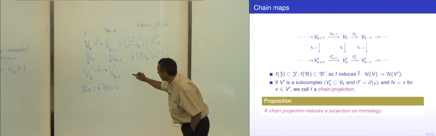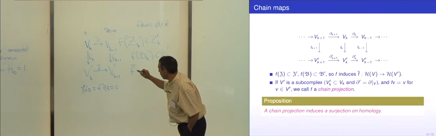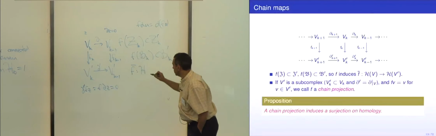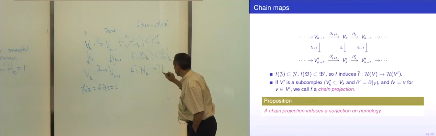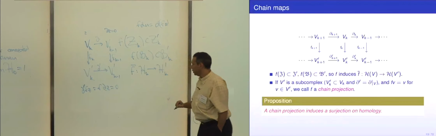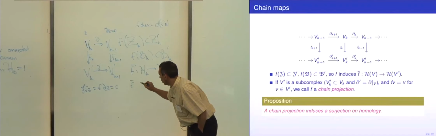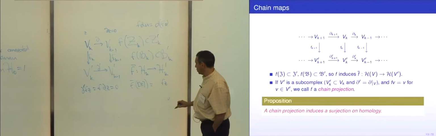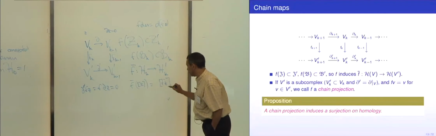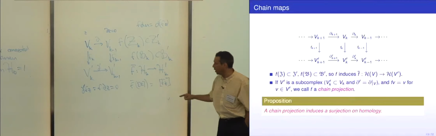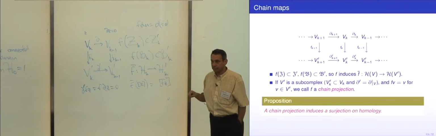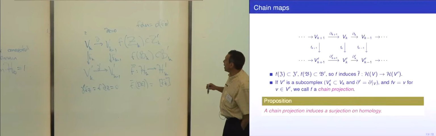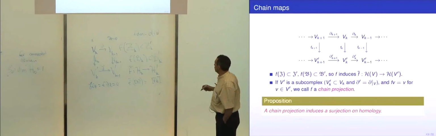And therefore, I get an induced map, F bar, which takes the homology of the first sequence to the homology of the second sequence. Just by F bar of the equivalence class of some cycle Z is you take F of Z, that's also a cycle, and you take its equivalence class. And that's well defined because of this. And that creates a map with good functorial properties.